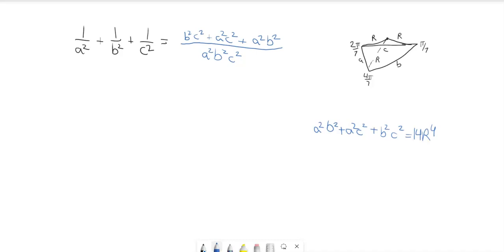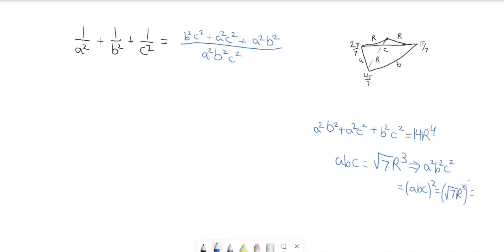Now, we have a squared, b squared, c squared all being multiplied on the bottom. Well, a times b times c, if you remember, I proved in a prior video, is 7r cubed. Since they're all squared, that's the equivalent of (a times b times c) quantity squared, which is (7r cubed) quantity squared.